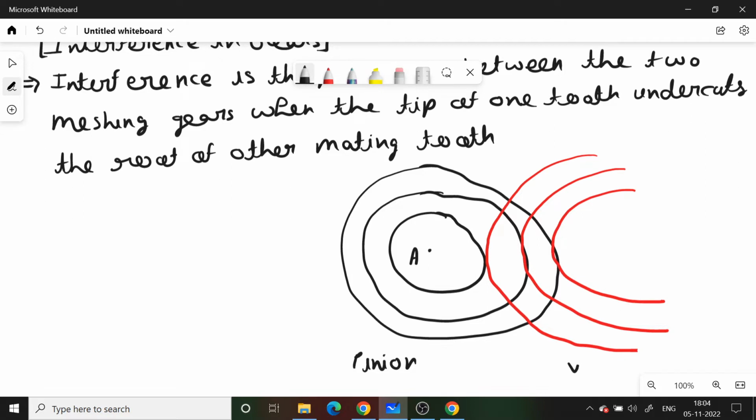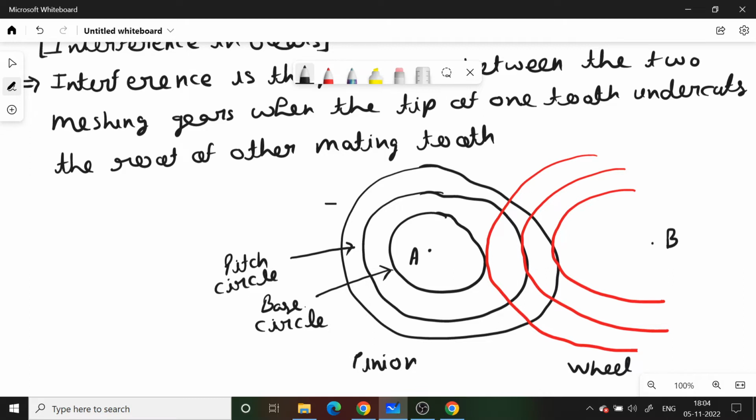And the second is the wheel, whose center of rotation is B. This is the base circle of the pinion, this is the pitch circle of the pinion, and this is the addendum circle of the pinion.